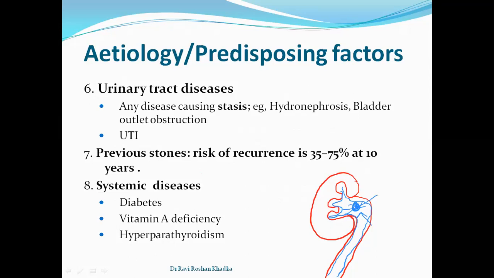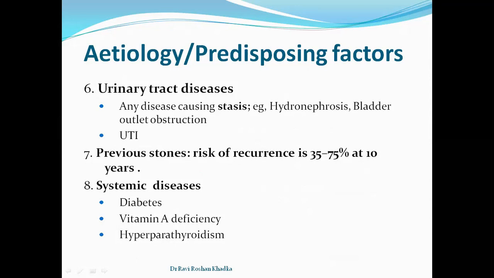Another cause is hyperparathyroidism. Hyperparathyroidism means excess release of parathyroid hormone. The normal function of parathyroid hormone is to increase the calcium level in the blood by absorption from the bone.